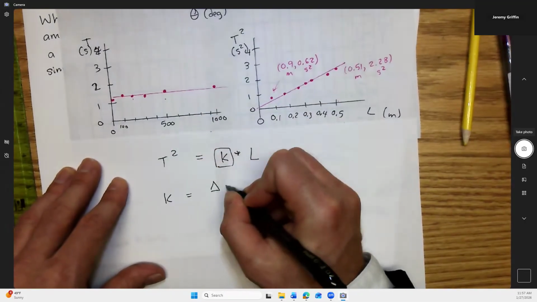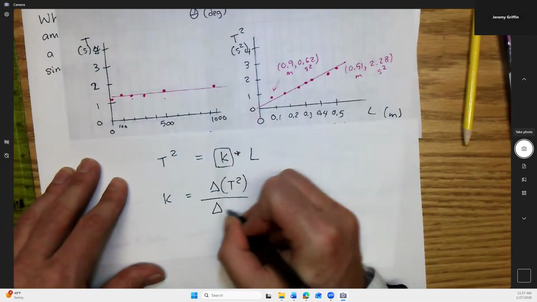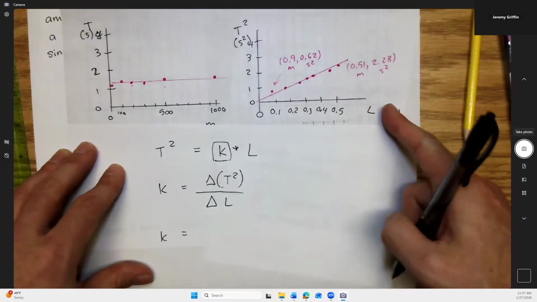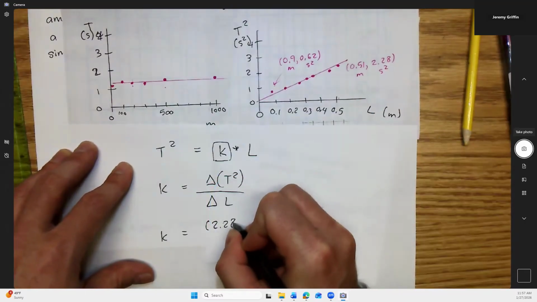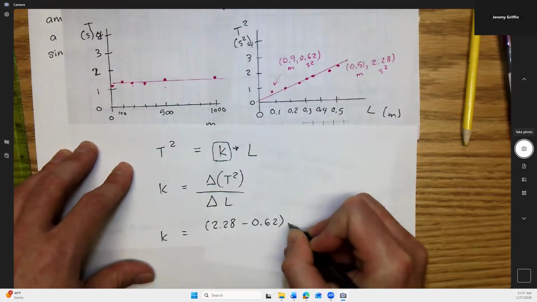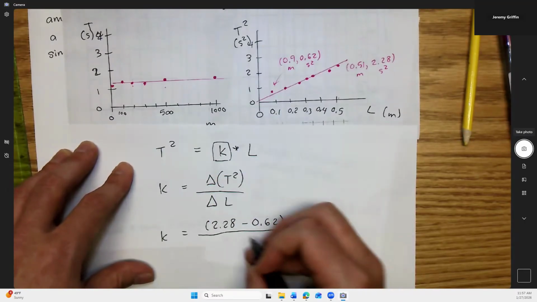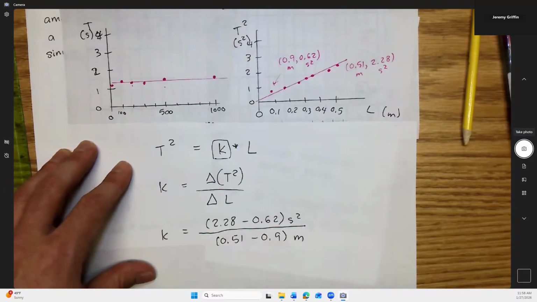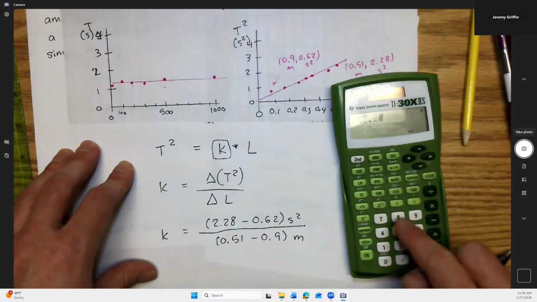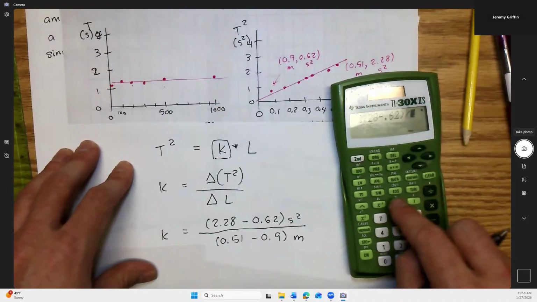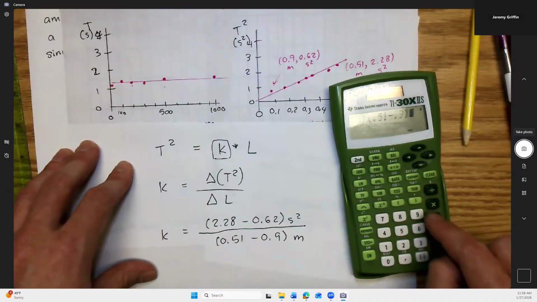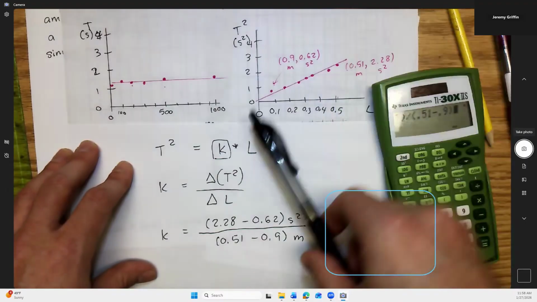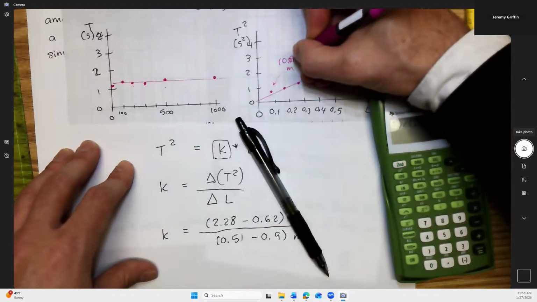So what is this k, the slope? Well, that would be change in time squared over change in length, which is 2.28 minus 0.62 square seconds over 0.51 minus 0.09 meters. Sorry, that's 0.09.